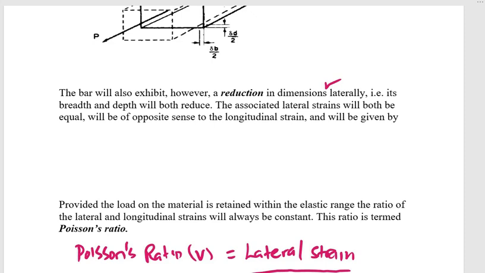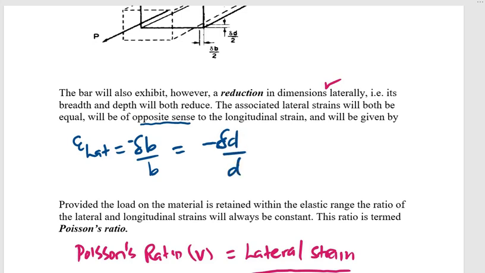The associated lateral strains will both be equal, but will be of opposite sense to the longitudinal strain, and will be given by, if this is the lateral strain given by this symbol, if we take breadth, it will be negative delta B divided by B. It will also equal negative delta D divided by D.